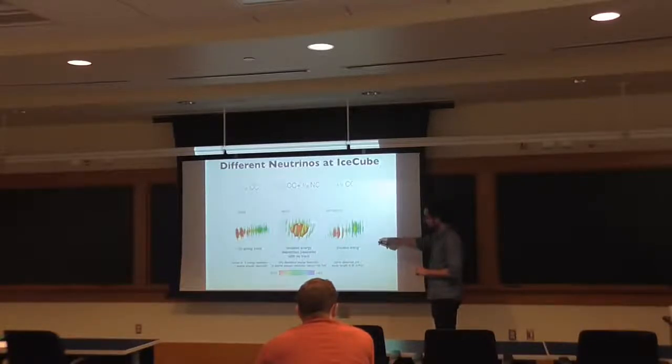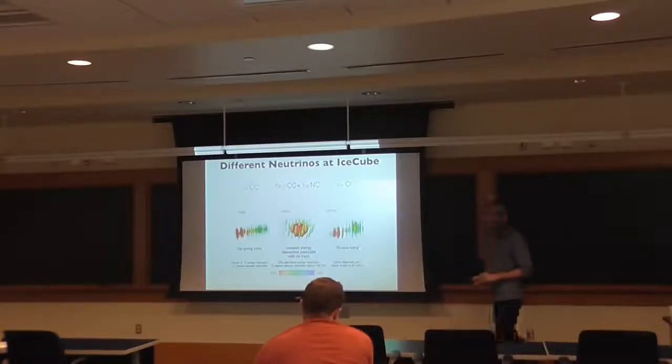These are called cascades. These are called tracks. And the other possibility, which is just seen in simulation, not seen in data yet, is what's called a double bang. A tau neutrino comes in, the hadronic side of the interaction produces the first blob, and the tau that you've produced in the charged current interaction travels a physical distance, some tens of meters, before it decays and leaves another blob.